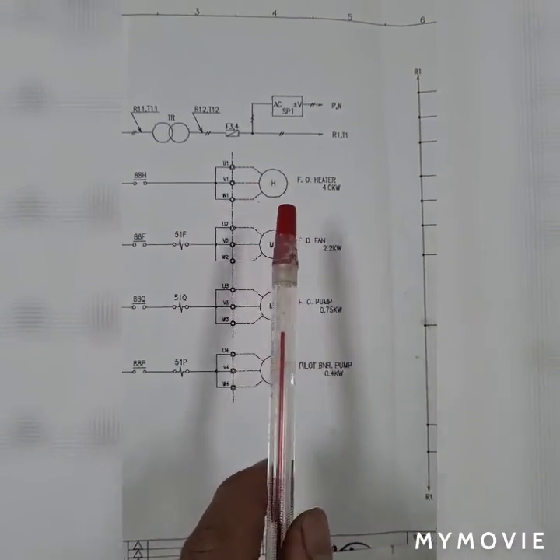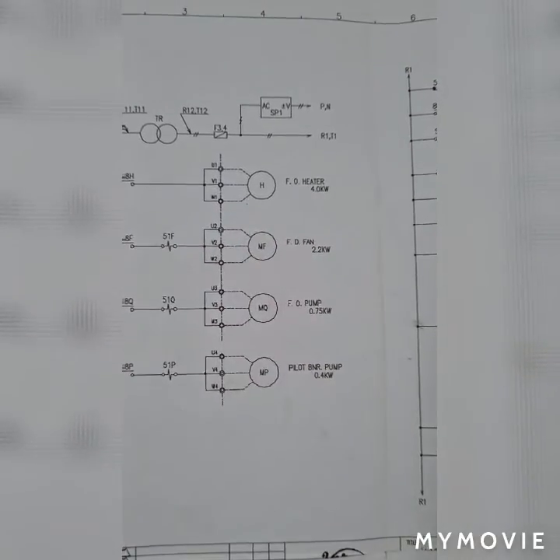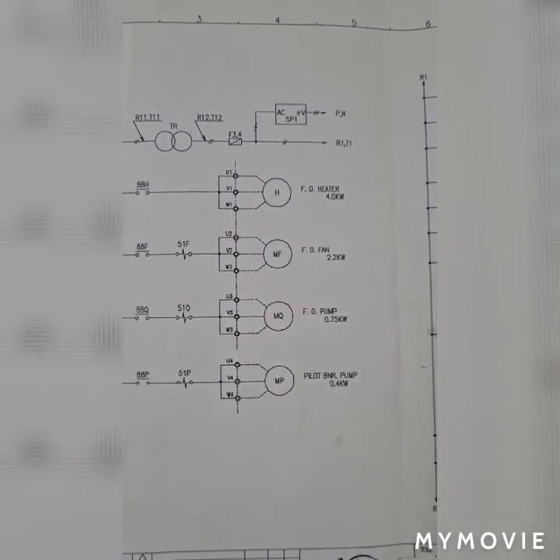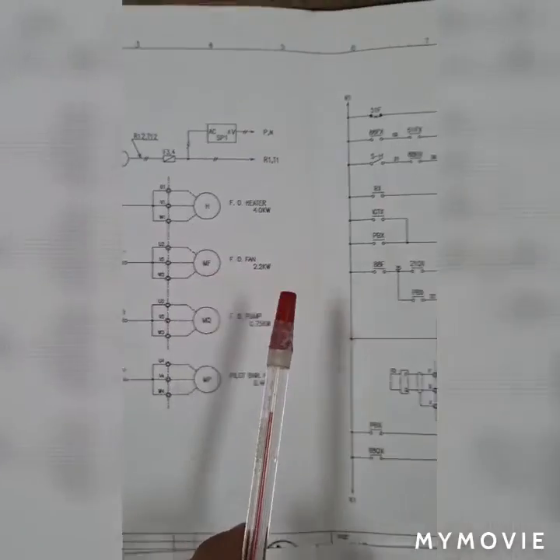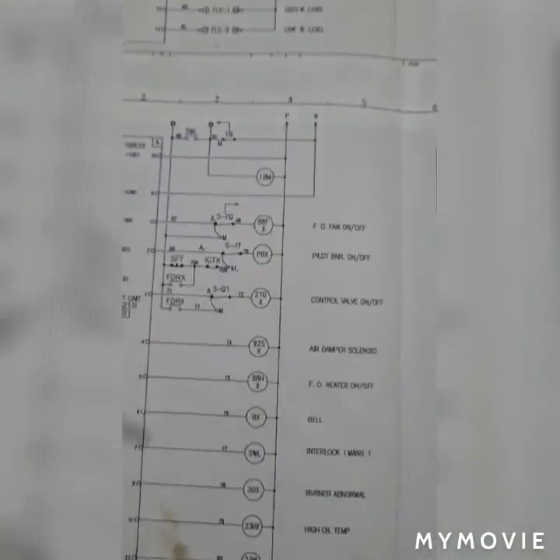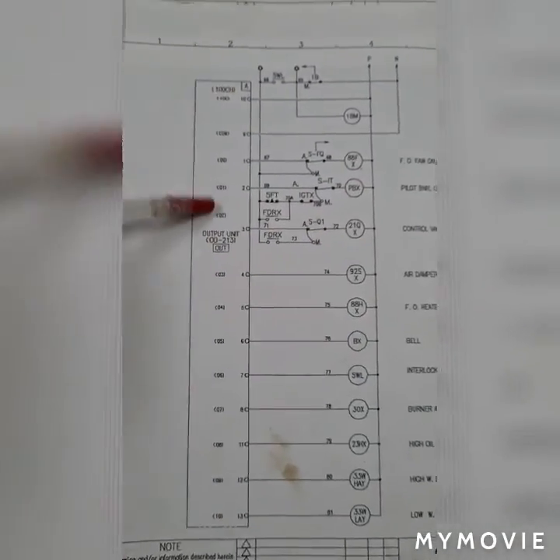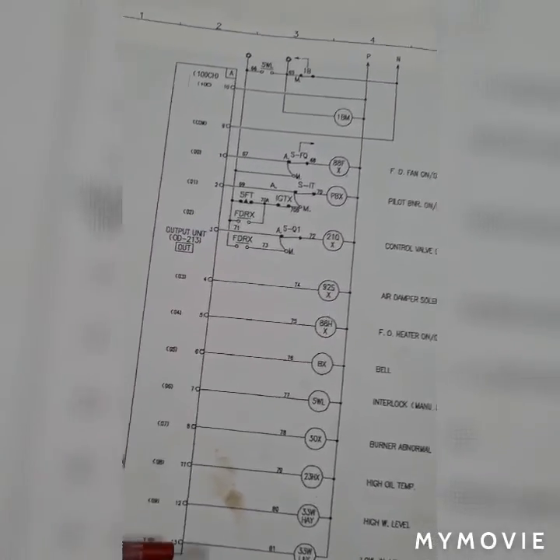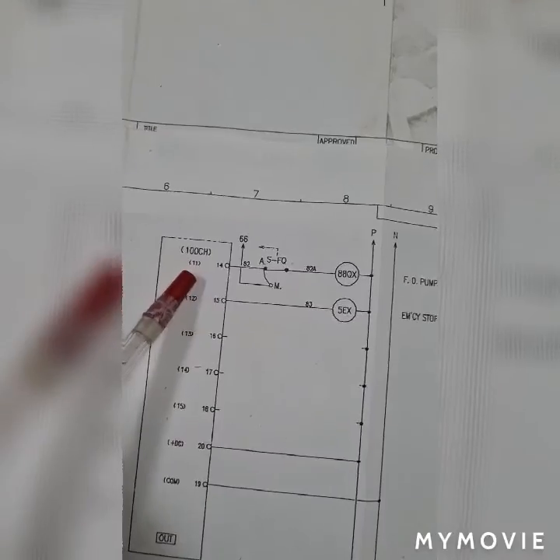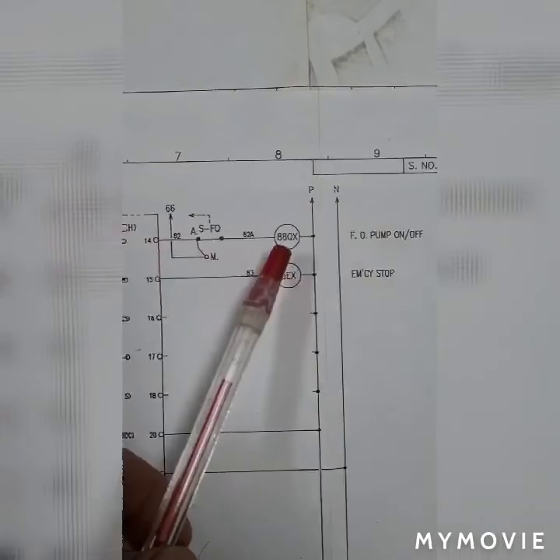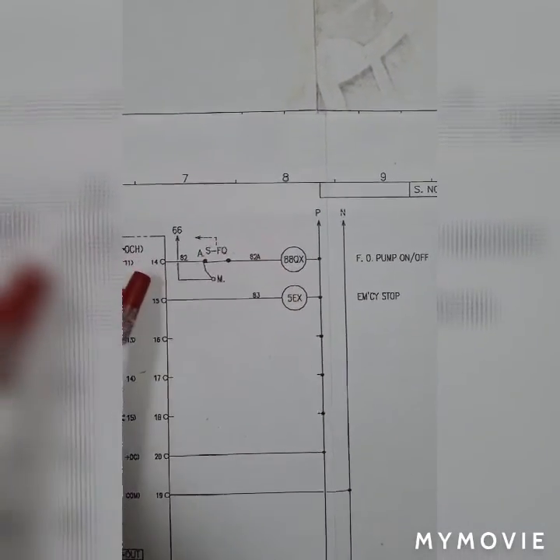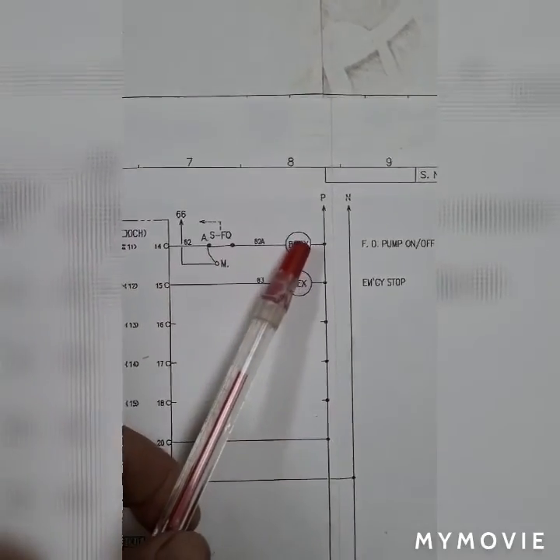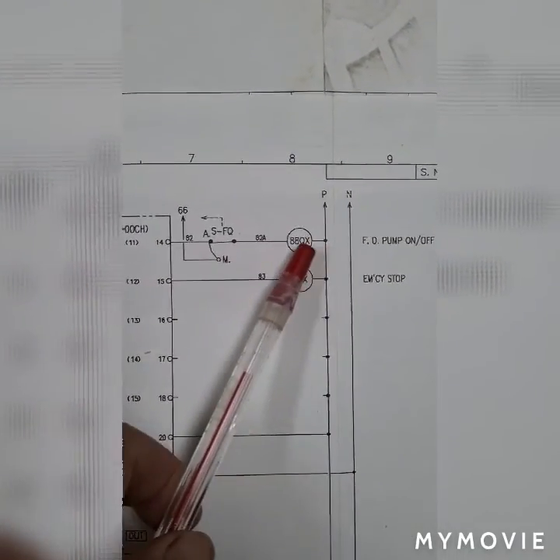While this force draft fan is started, this output PLC sequencer module also gives a signal on terminal 14 to start my fuel oil pump.